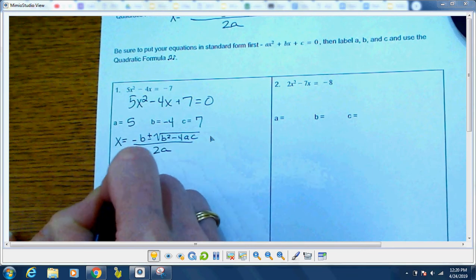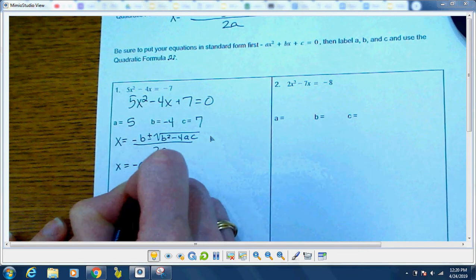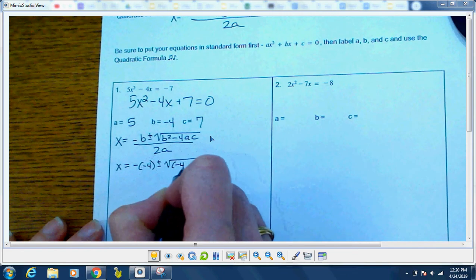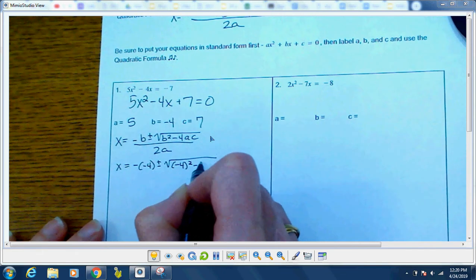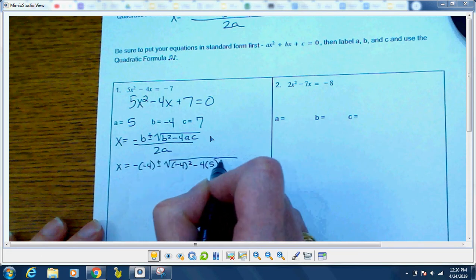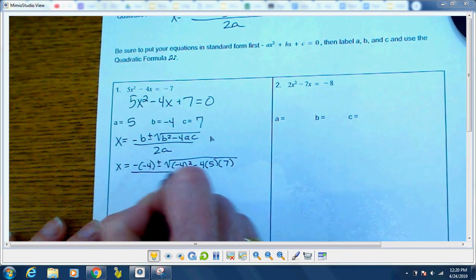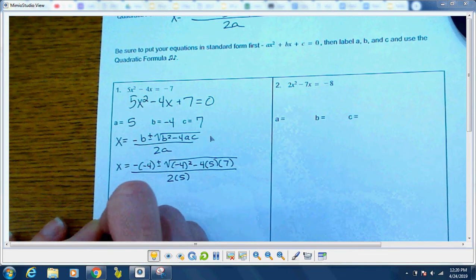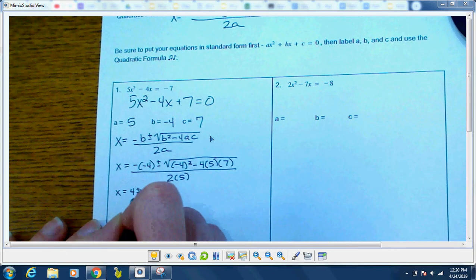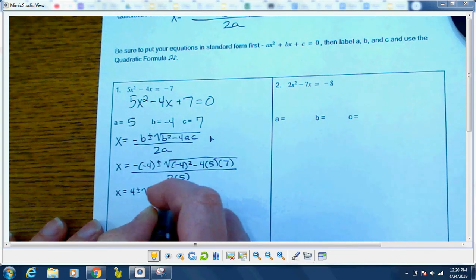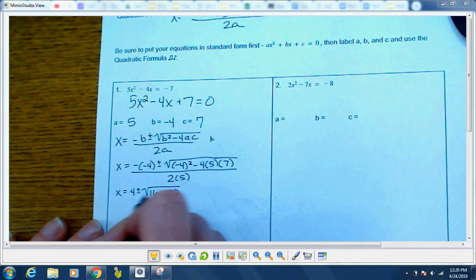So x equals the opposite of -4 plus or minus the square root of -4 squared minus 4 times a, which is 5, times c, which is 7, all of it over 2 times 5. So x equals 4 plus or minus the square root of 16 minus 140, all of that over 10.